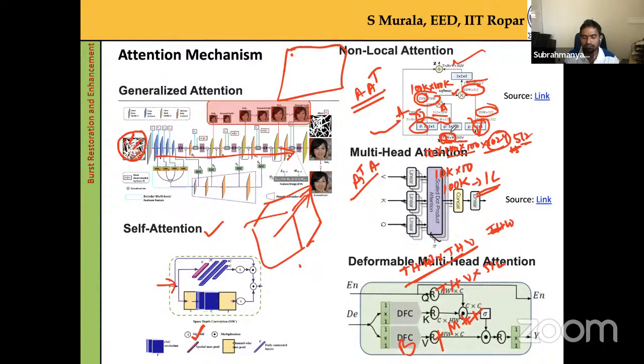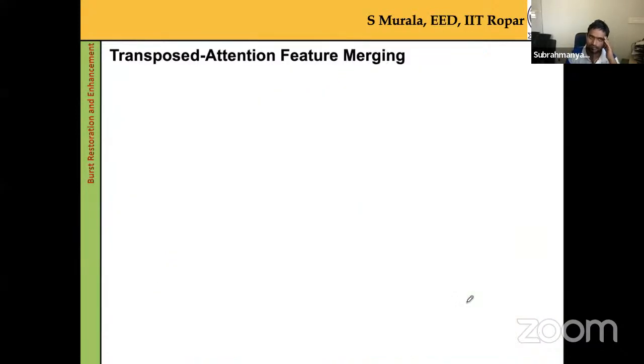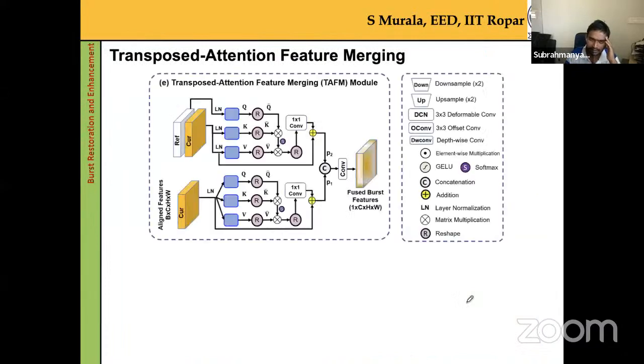So here, wherever one-dimensional convolutions, one by one, I will perform. After that I perform 3 by 3 deformable convolutions so that I am able to collect various different locations. Because of that, I am able to develop a better attention mechanism. Even transposed attention, I have already mentioned what it is. It is performed for dimension reduction purposes.